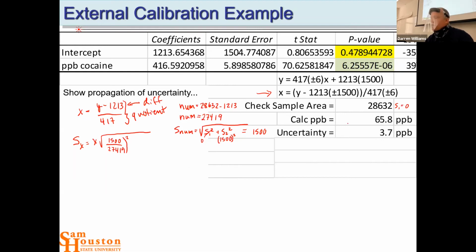They will put this check value in there incorrectly. This is the uncertainty in the numerator, not the uncertainty in the B value or the check sample value. And then the uncertainty in M. So we look up the uncertainty in M. We have 6 over 417.